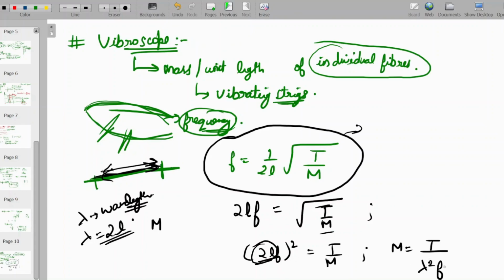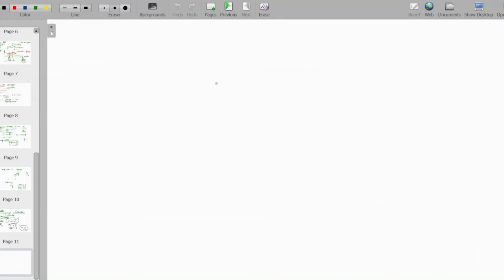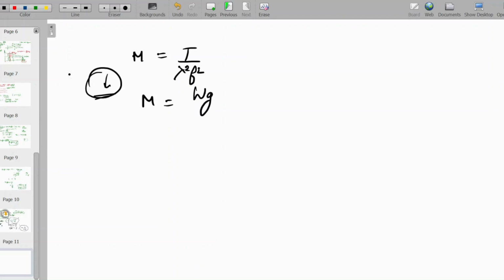So m is equal to T upon lambda square f square. Tension, in the downward direction, is weight into gravity, so m is equal to Wg upon lambda square f square. Since it is mass, and if we have to find the denier, the length we can take is 9 into 10 power 5 centimeter.